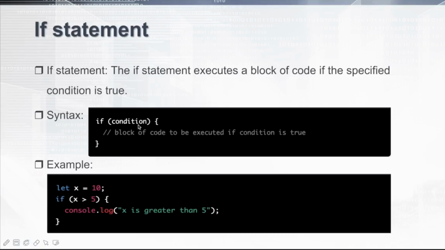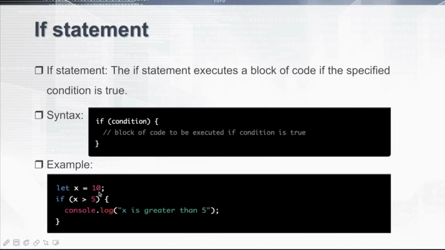A condition is an expression that evaluates to true or false. If you have a condition that evaluates to true, then this block is going to run. Whatever you have within this block, it can be one line of code or multiple lines of code, will run.